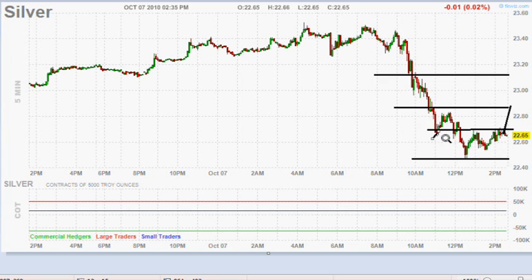We have 2 levels of support, 2 levels of resistance. Therefore, if it can manage to come back down to this 22.70, 22.68 area, sort of like this, we'll just draw it in, there we go, then it has a better chance of breaking through. Maybe it can manage to get up to this Fibonacci level.